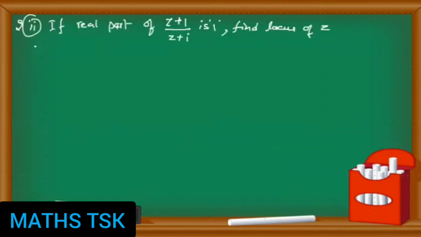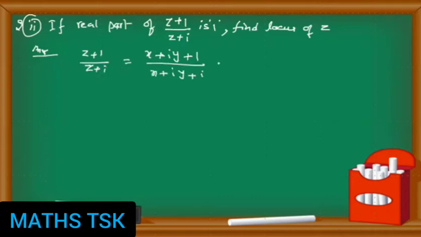Second problem, look here. If the real part of (z plus 1) by (z plus i) is 1, then find the locus of z. Let z be equal to x plus iy. So (z plus 1) by (z plus i) is nothing but (x plus iy plus 1) by (x plus iy plus i). This is (x plus 1) plus iy by x plus i into (y plus 1).